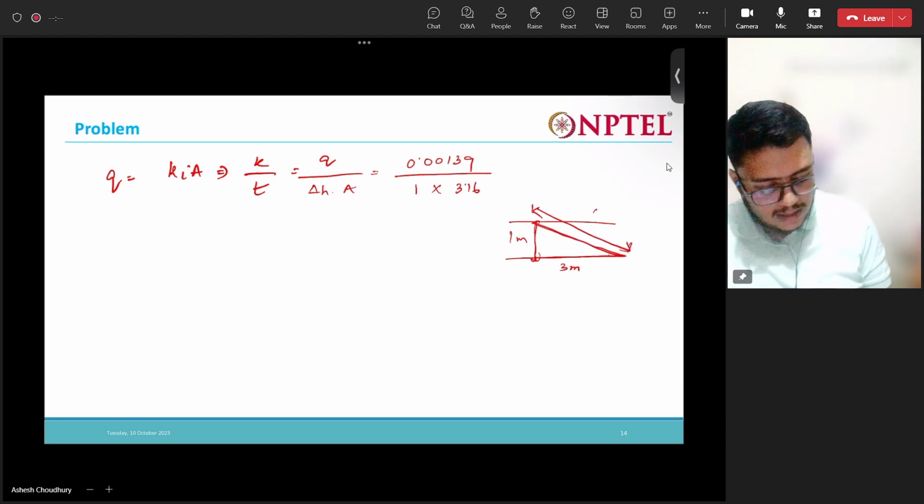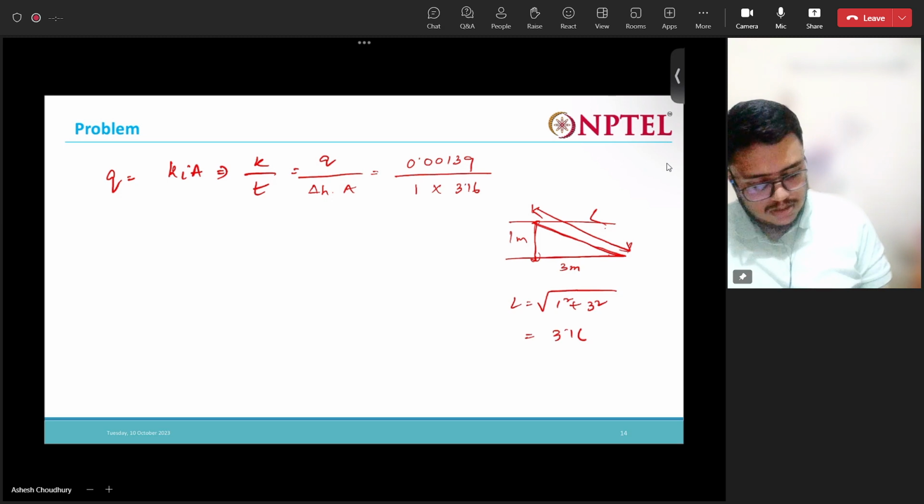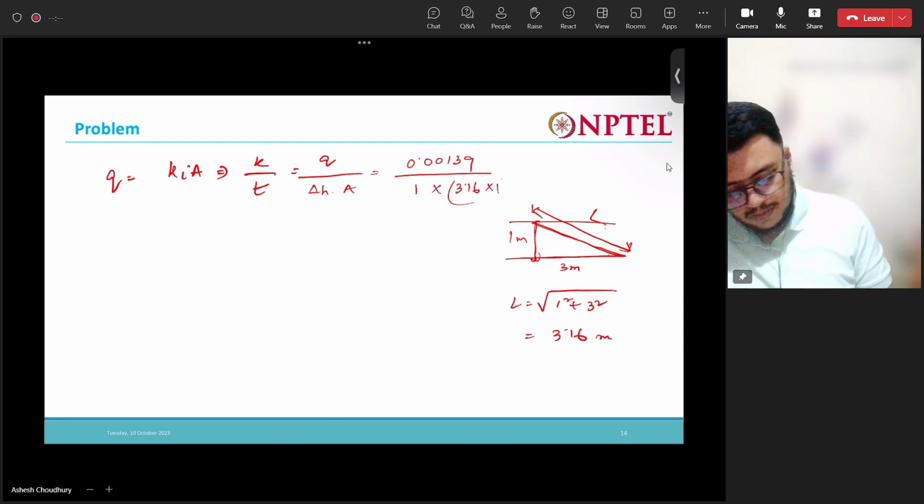How much will be L? It will be square root of 1 square plus 3 square, which is about 3.16. That's why this is 1 into 3.16 into 1, where 1 means per meter length. So this one comes out as 0.0004.